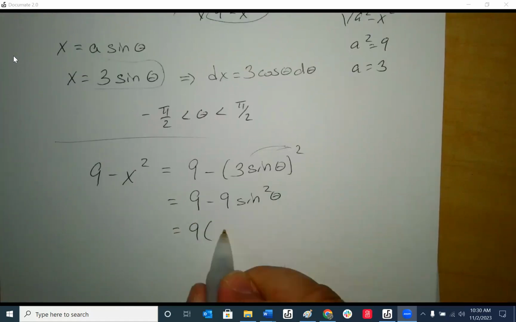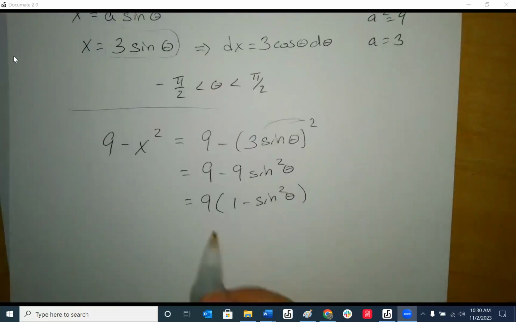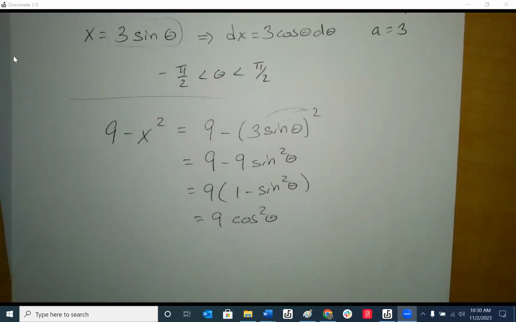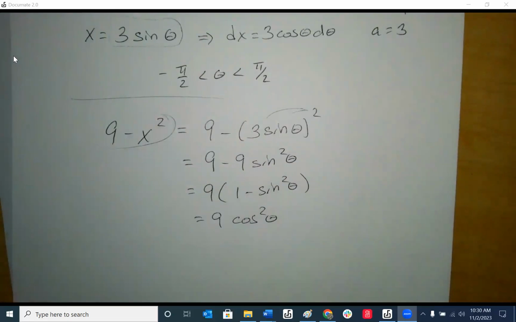We can factor out the 9, which is equal to 9 cosine squared theta. That's the identity. So in place of 9 minus x squared, we could put 9 cosine squared theta.